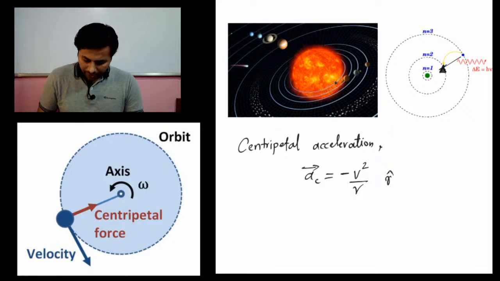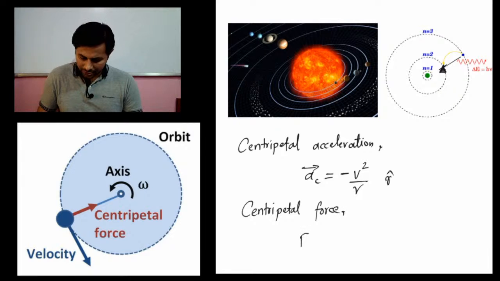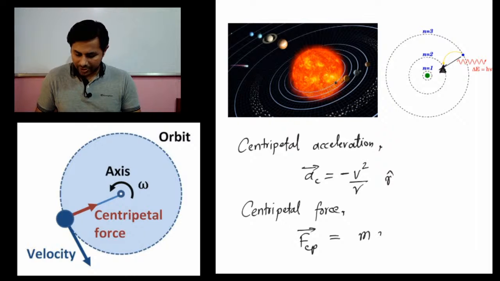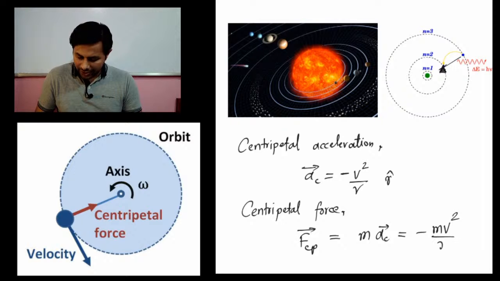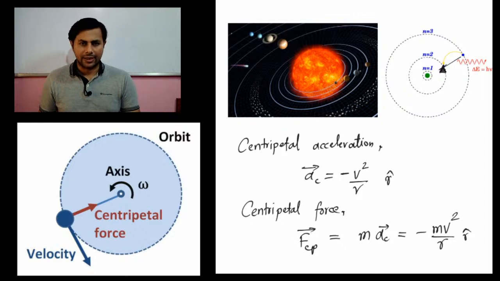Therefore the centripetal force F_cp will be equal to m times a_c vector, and that is minus m v squared over r multiplied by r cap.